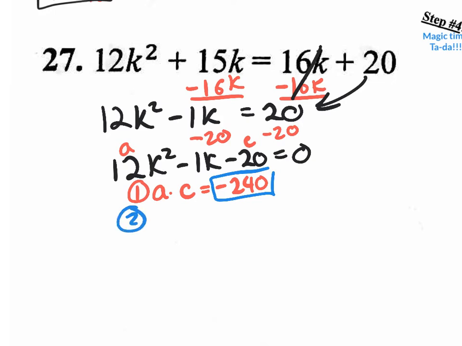Step 2 is going to be long. Make a list, a long list of the multiples of getting negative 240. Now, you could go the traditional way of like negative 1 times 240 or negative 2 times 120. Or you could think about the math behind this, guys.